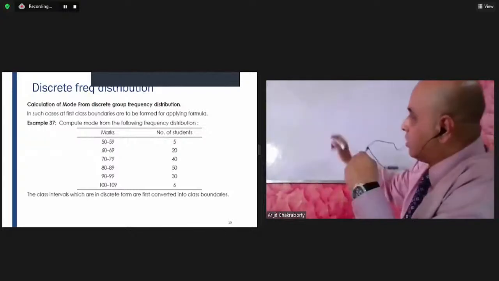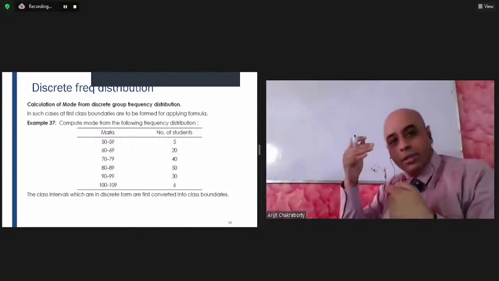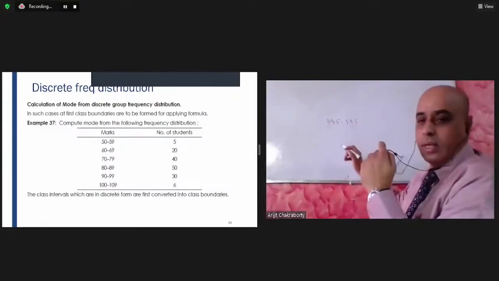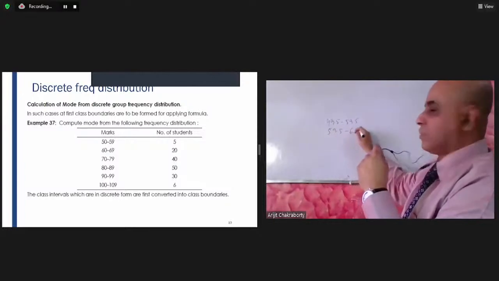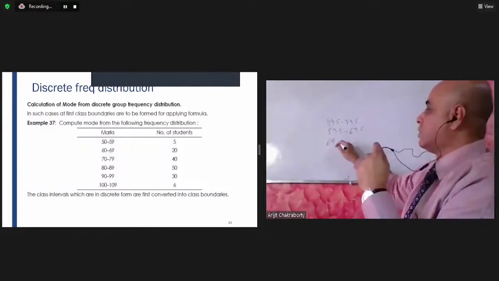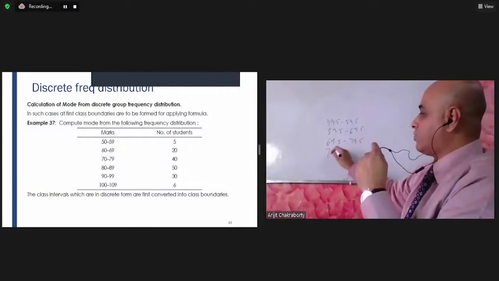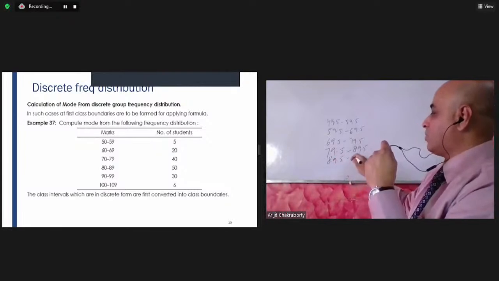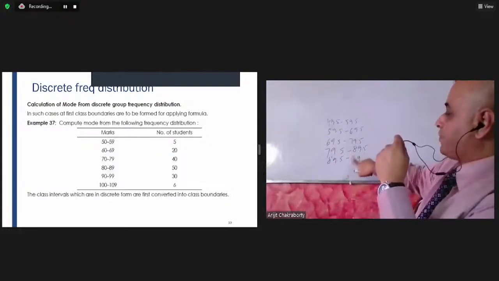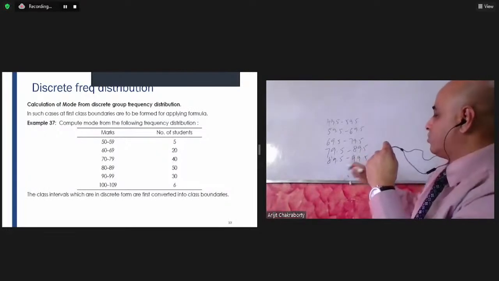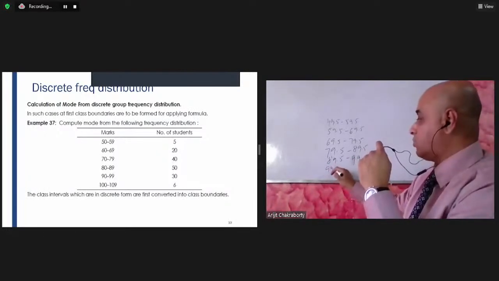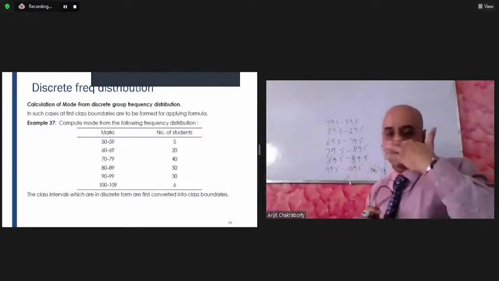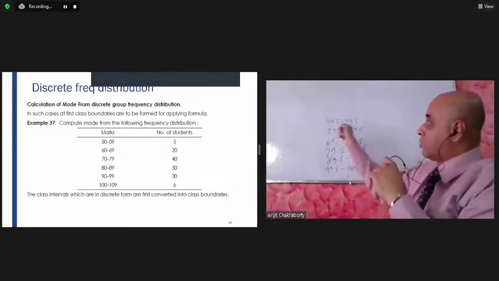So I'm writing 49.5 to 59.5, then 59.5 to 69.5, 69.5 to 79.5, 79.5 to 89.5, 89.5 to 99.5, and 99.5 to 109.5. These are the class boundaries. Now I have made it continuous. Please see there is no gap.